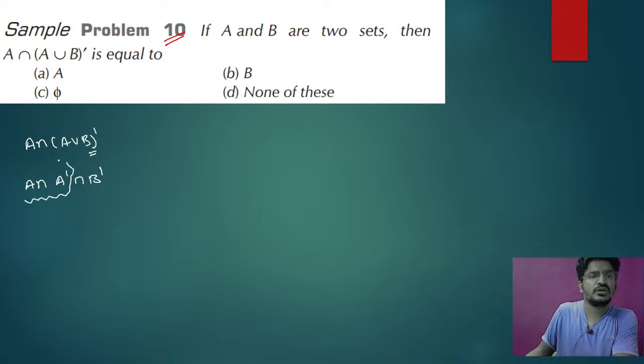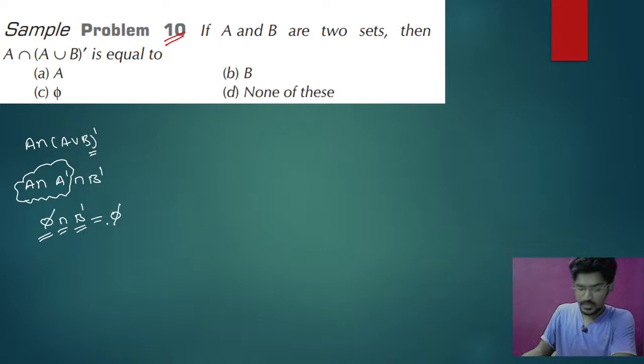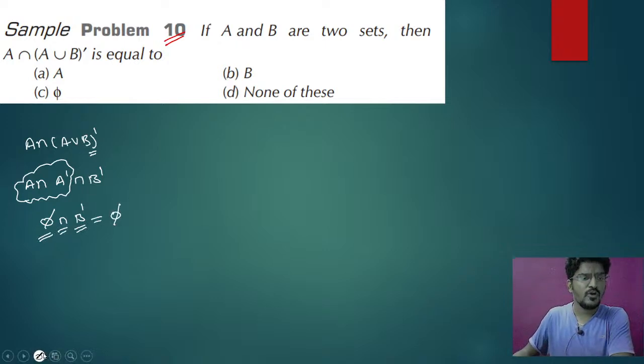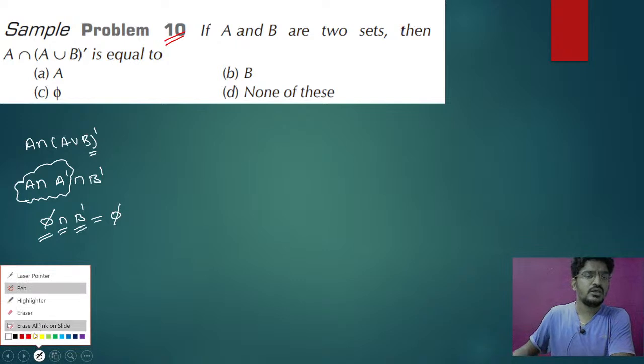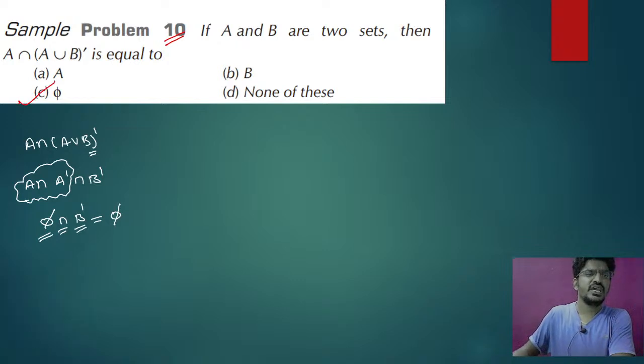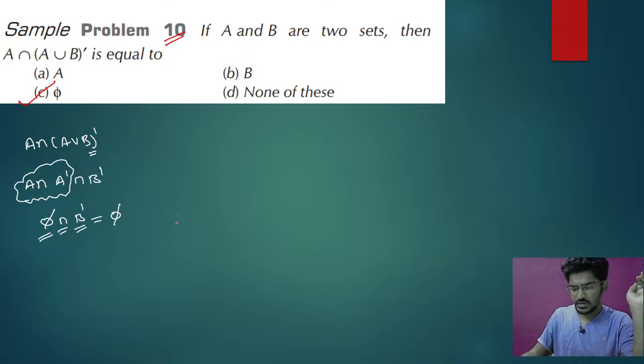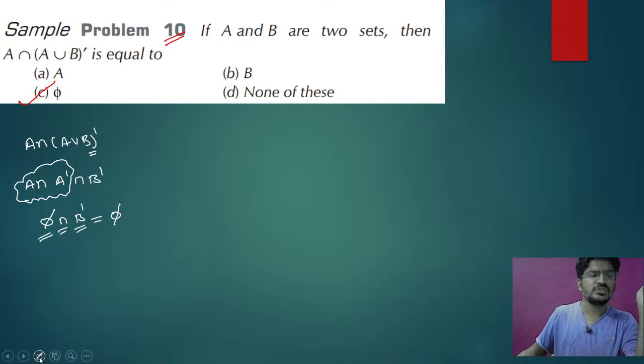It becomes empty intersection with B complement. Empty intersection with any set is empty. Okay. So therefore option C is the right answer. Most of you have given the wrong answer. No problem. You just see the explanation. You can understand it.